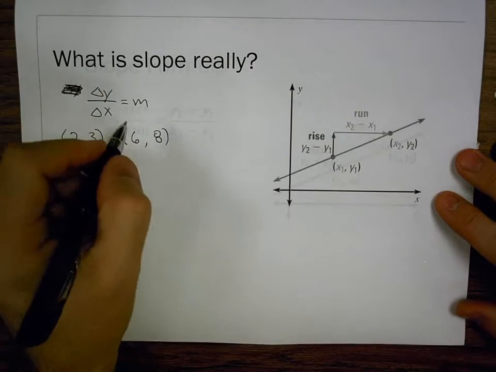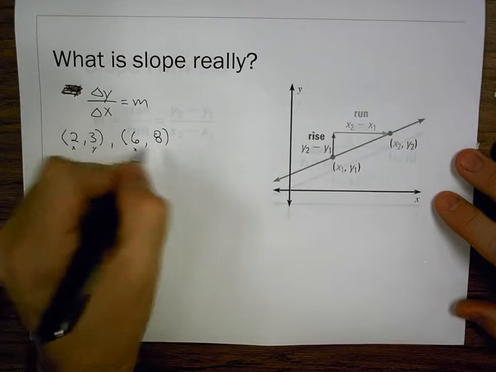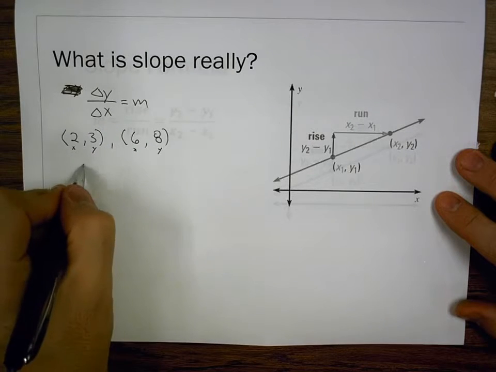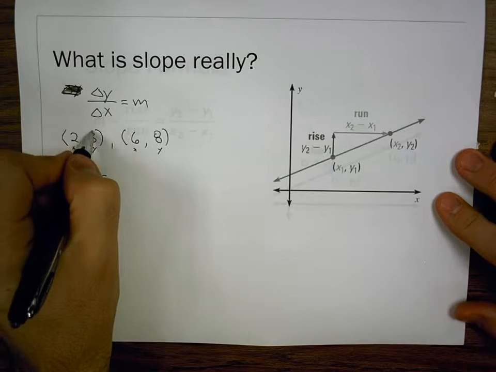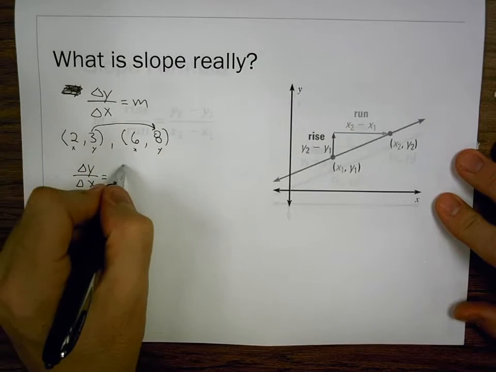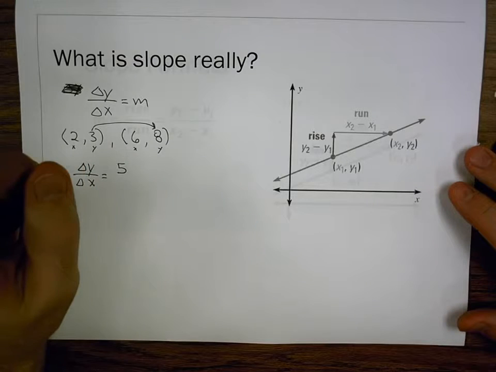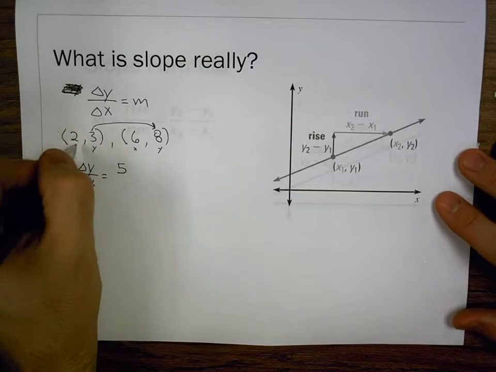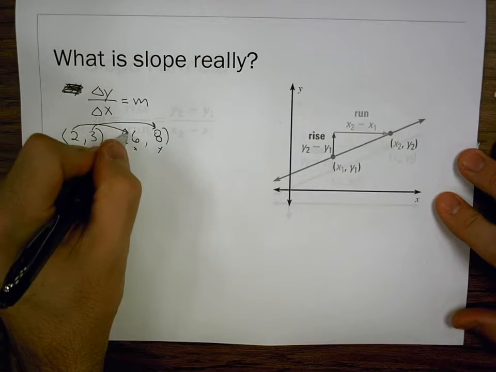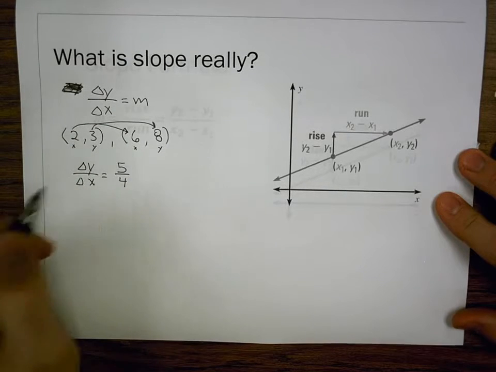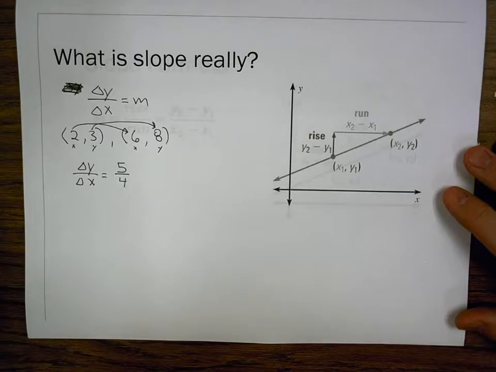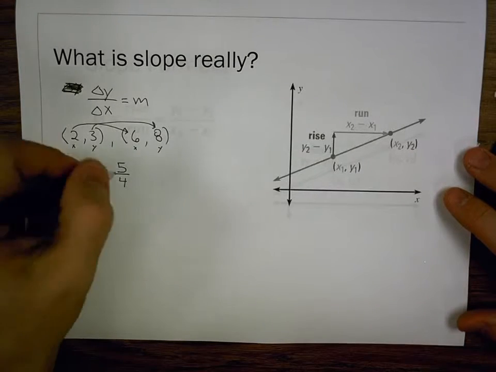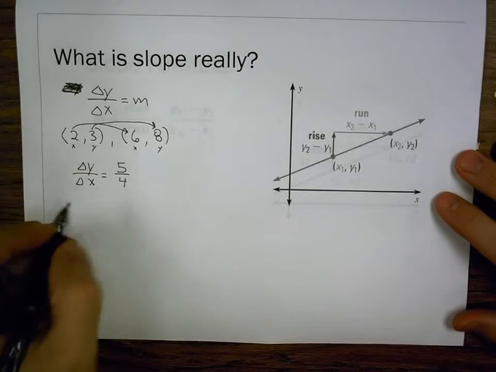These are my x values. These are my y values. So my change in y would be, I went from 3 to 8, so it changed 5. My change in x, I went from 2 to 6, so it changed 4. So the ratio of the change in y to the change in x, the slope, is 5 over 4.